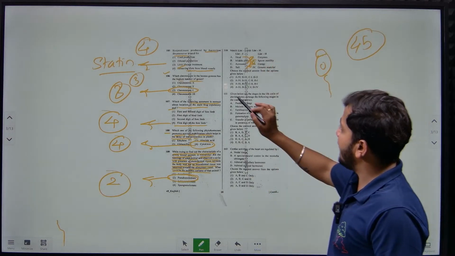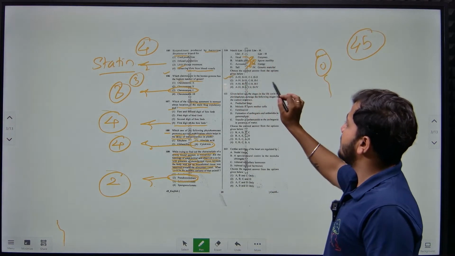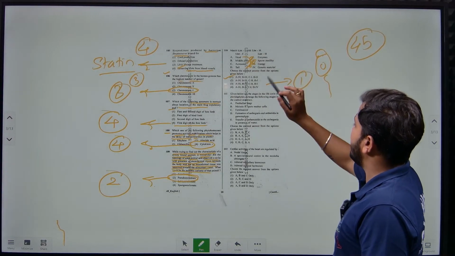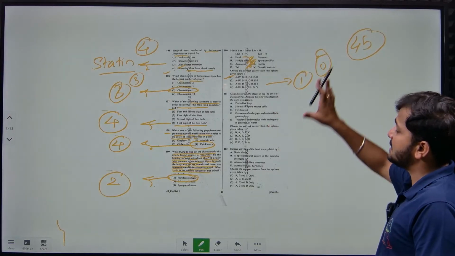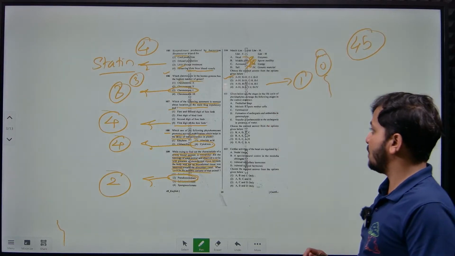So option 1 is the correct match related to the sperm.